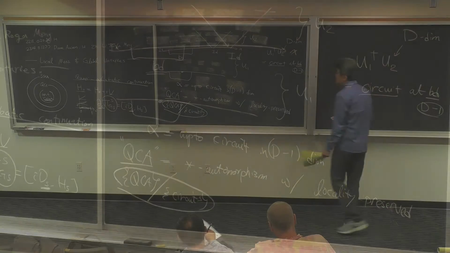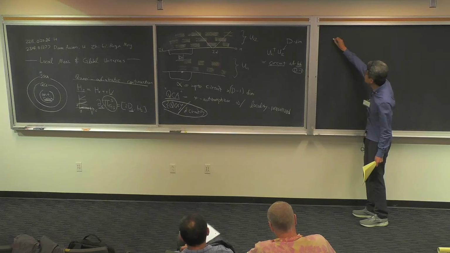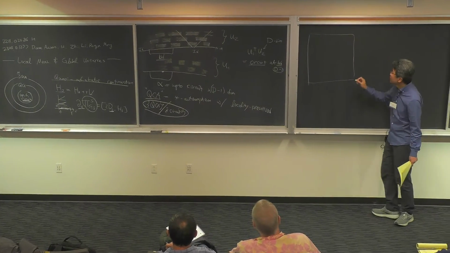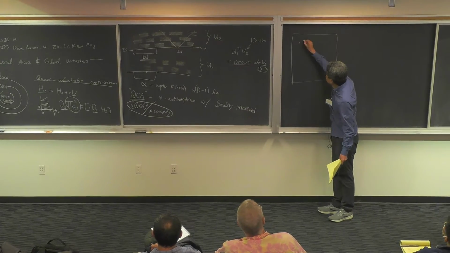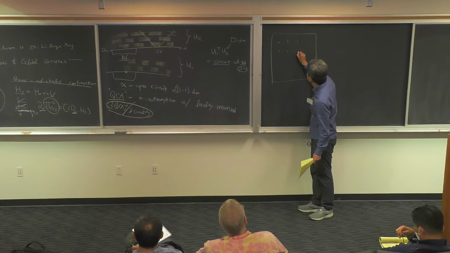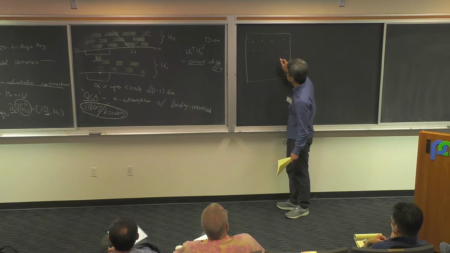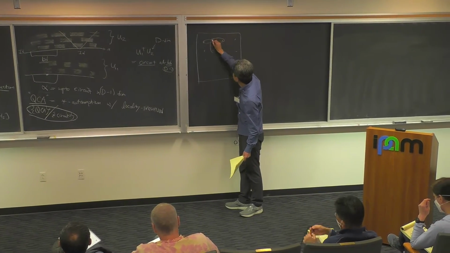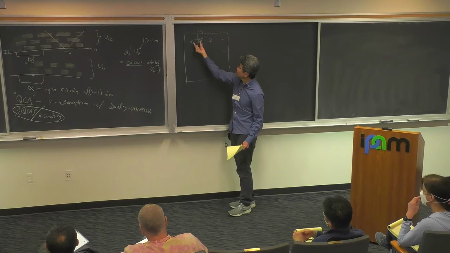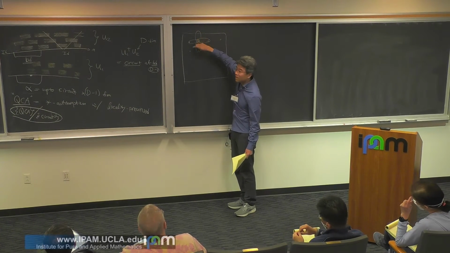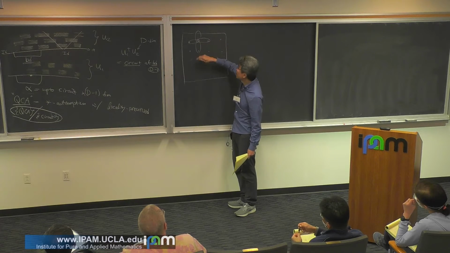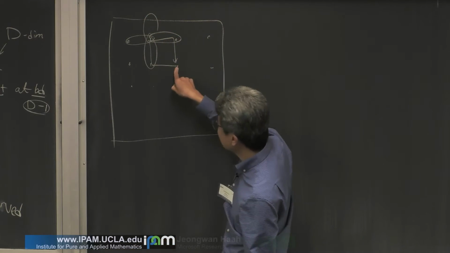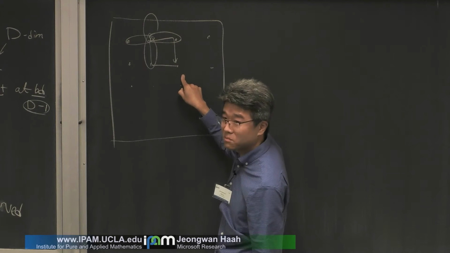The easiest example is the translation. So imagine now a two-dimensional situation, and then you consider the swap gate. Just swap the two degrees of freedom here and there, and you go around in a circular fashion. In the bulk, you go around the loop, and any degrees of freedom will return to their original position.